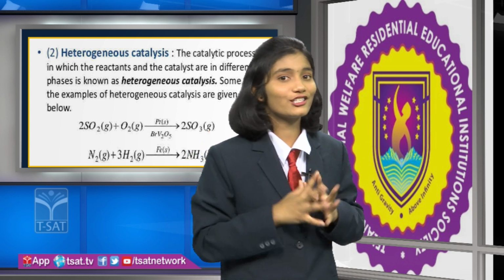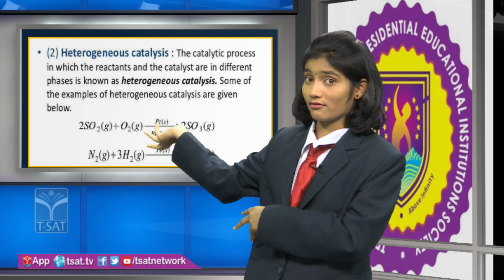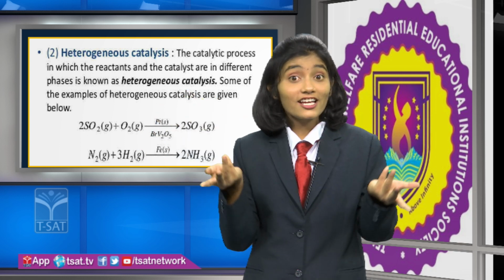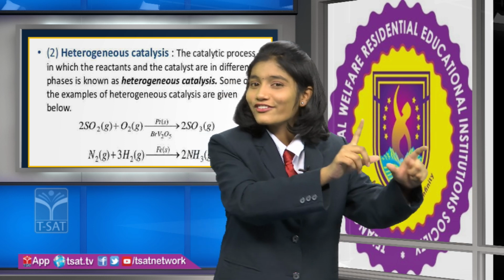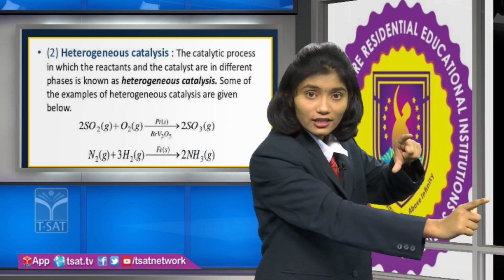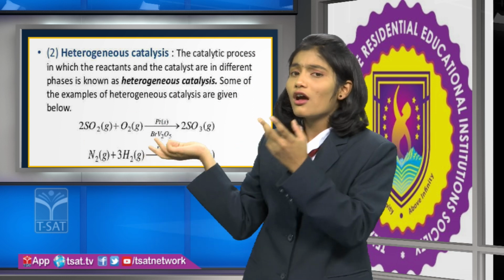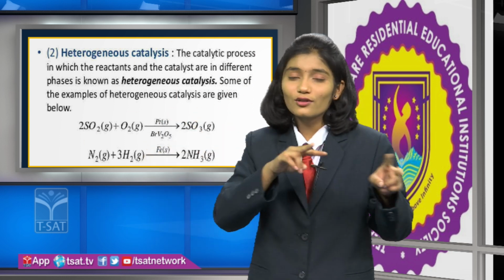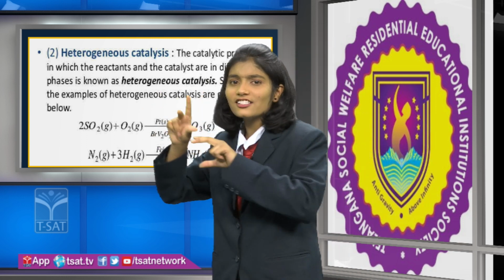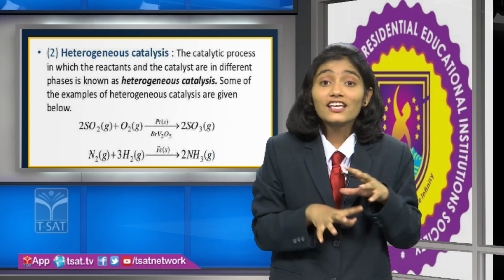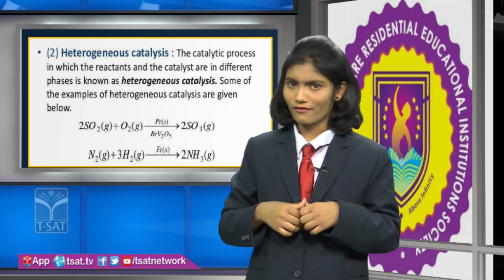They are in gaseous form, isn't it? Then what about the catalyst iron? It is in solid phase. So here the state of reactants is gaseous and the state of catalyst is solid, right? So the phases of the reactants and catalyst are different. This is known as heterogeneous catalysis, right?